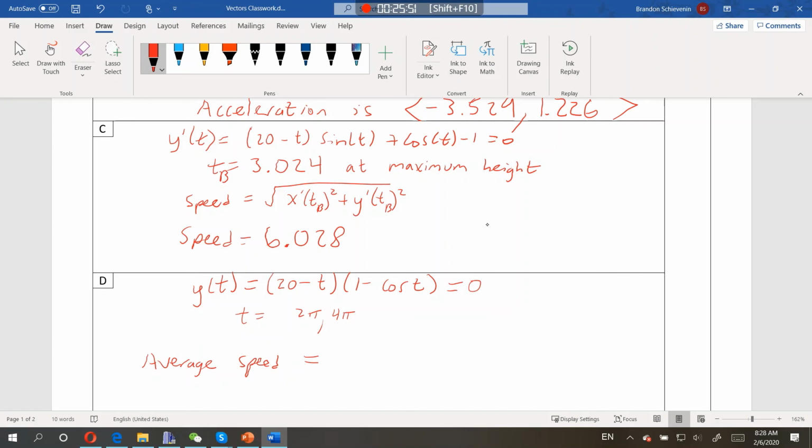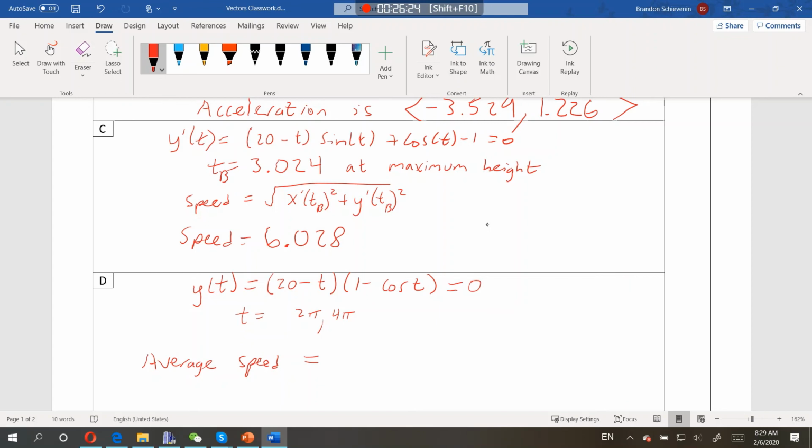So my problem with that is we don't have a function in terms of one variable, we've got a function in terms of two variables. So that could give you average x of t maybe, and then average y of t. Average speed. Hmm.